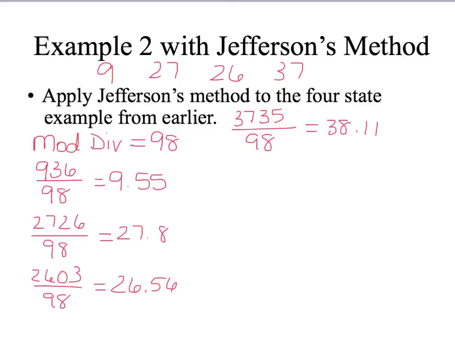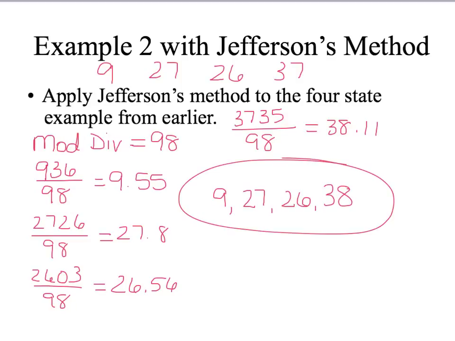And so now when I find the minimum and round all those down, I have 9, 27, 26, and 38, and that does add up to be 100. So I've apportioned all the states by using this different divisor.